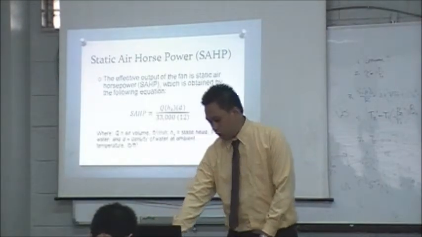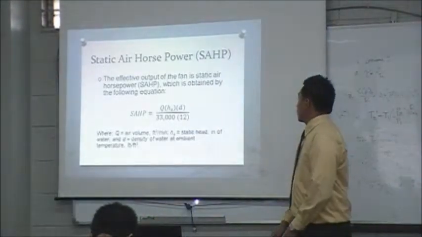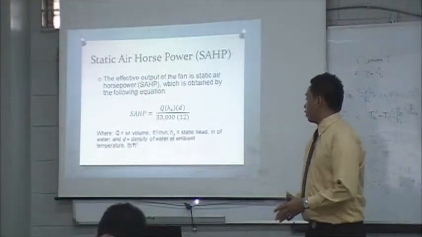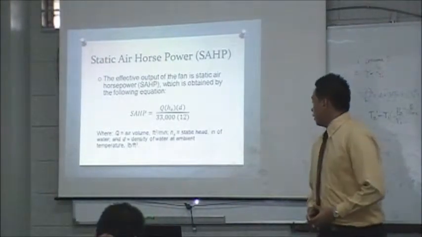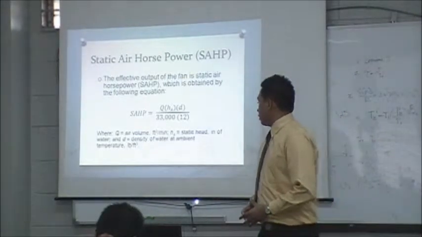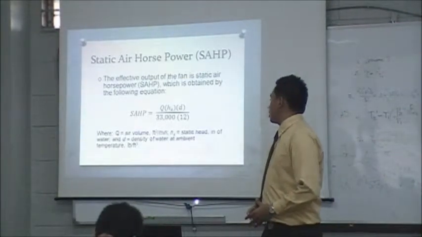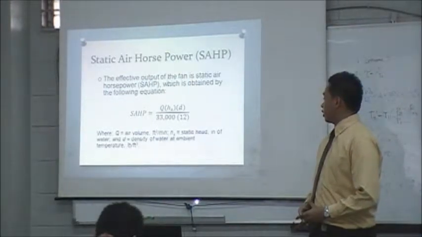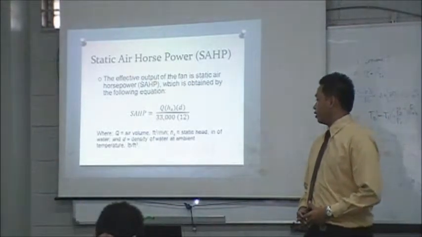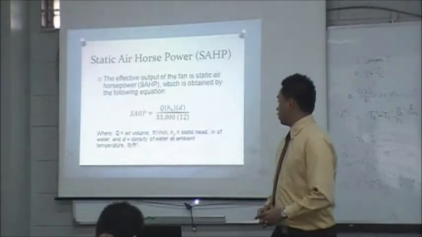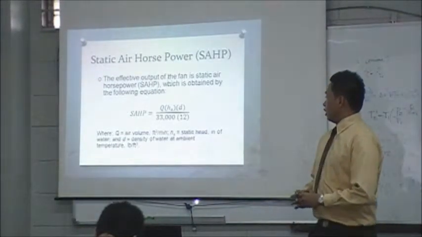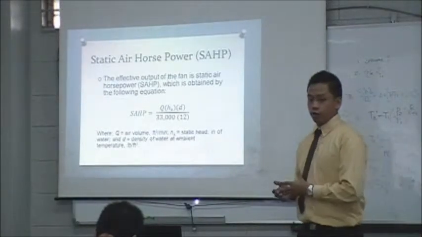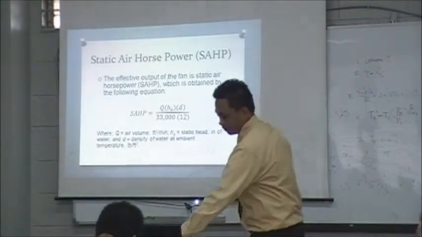To compute for the static air horsepower, we have this equation where Q is air volume in feet cubed per minute, HS is the static head in inches of water, and then the density of the water at ambient temperature in pounds per feet cubed. We'll use this equation to determine how much horsepower is needed to operate the fan in a cooling tower.